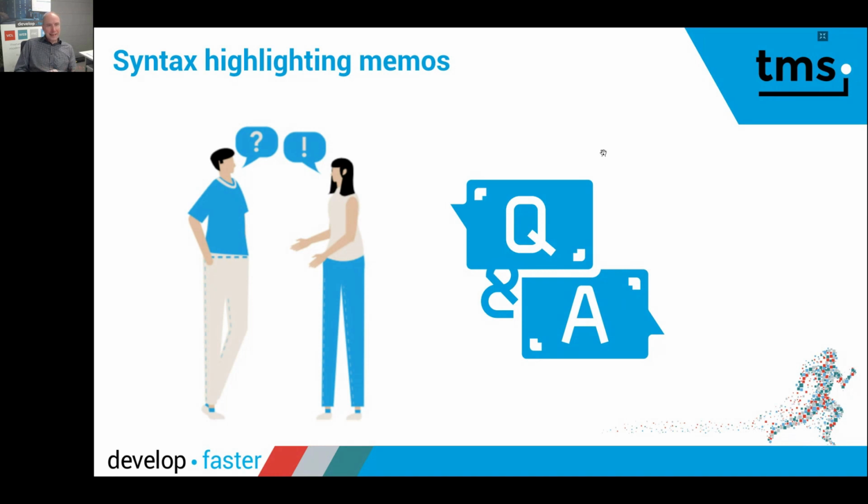Another question I see is, can I use Visual Studio Code plugins within this FNC memo then? The answer here is no. At this moment, this is not possible. The reason is quite simple. The Visual Studio Code IDE itself exposes a quite extensive API with which the plugins work.